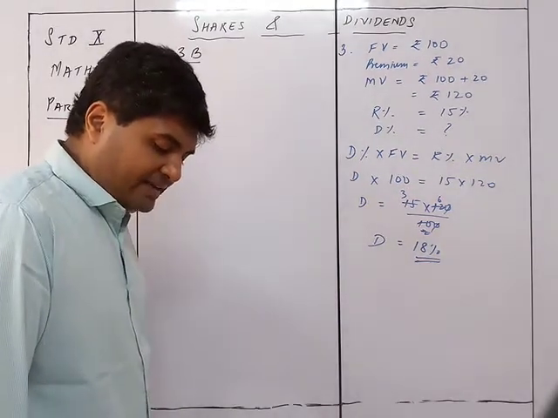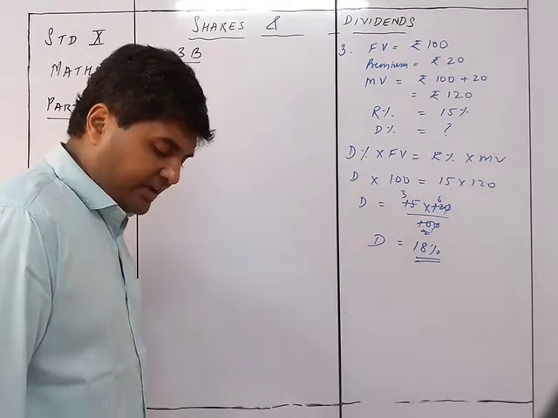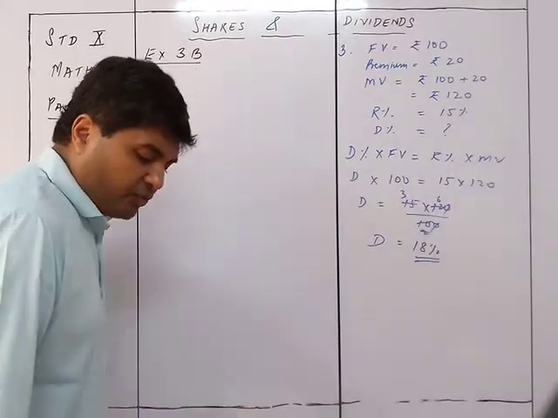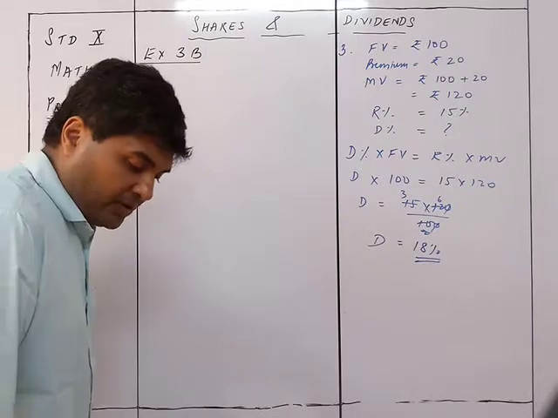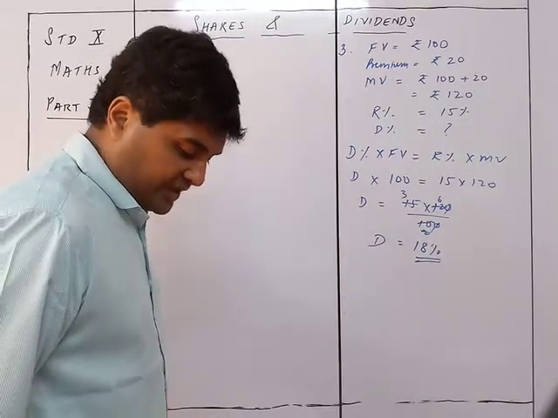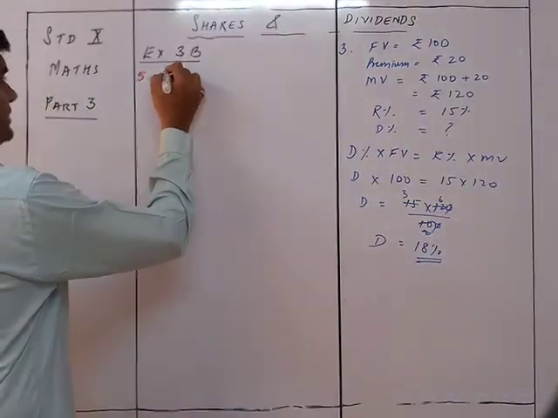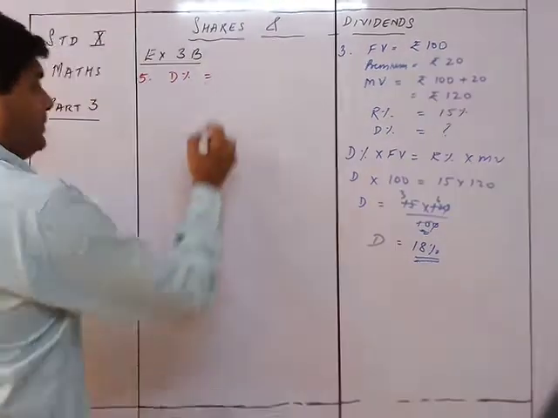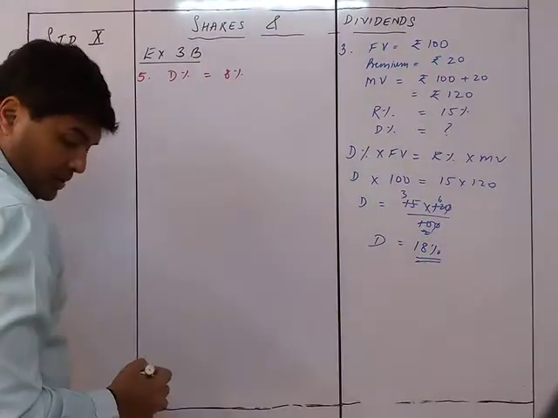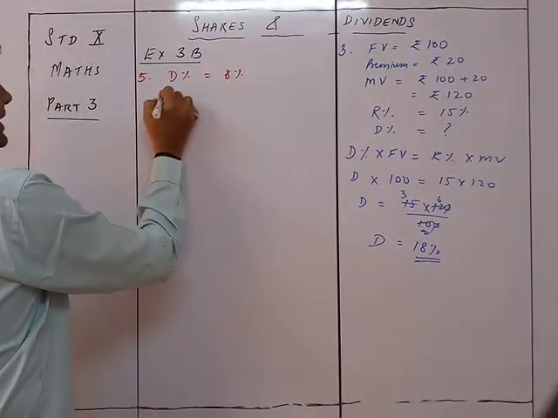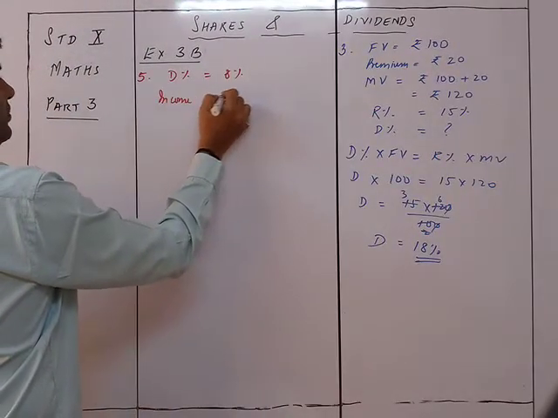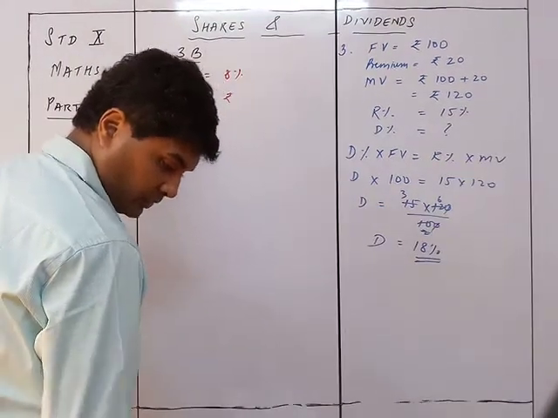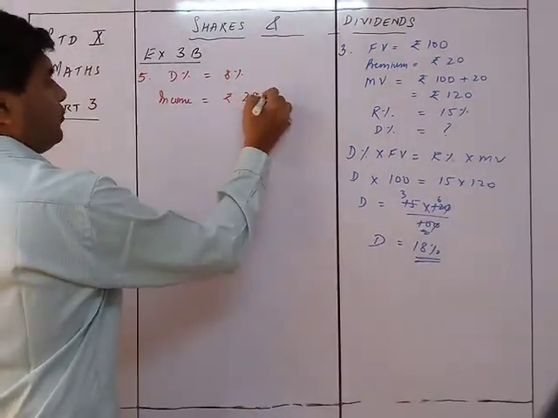A share declares 8% dividend to the shareholders. If a man receives 2840 as his dividend, find the nominal value of his shares. So that's what is given: dividend percent is equal to 8%. The income is equal to rupees 2840.